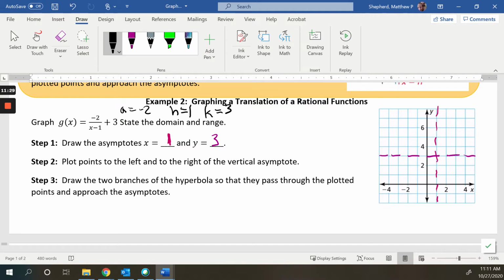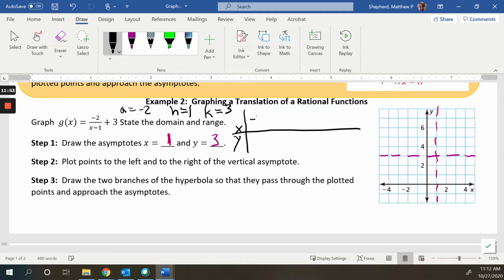Now we're going to pick 3 points to the left of our vertical asymptote and 3 points to the right of it. I'm just going to go ahead and draw a table right here. Our vertical asymptote is here at 1, so I want 3 things to the left of 1.